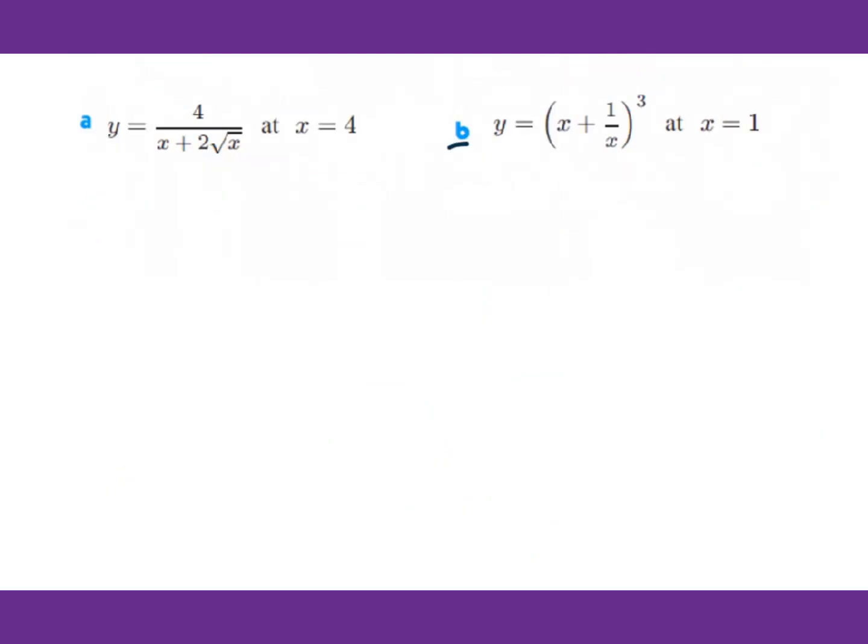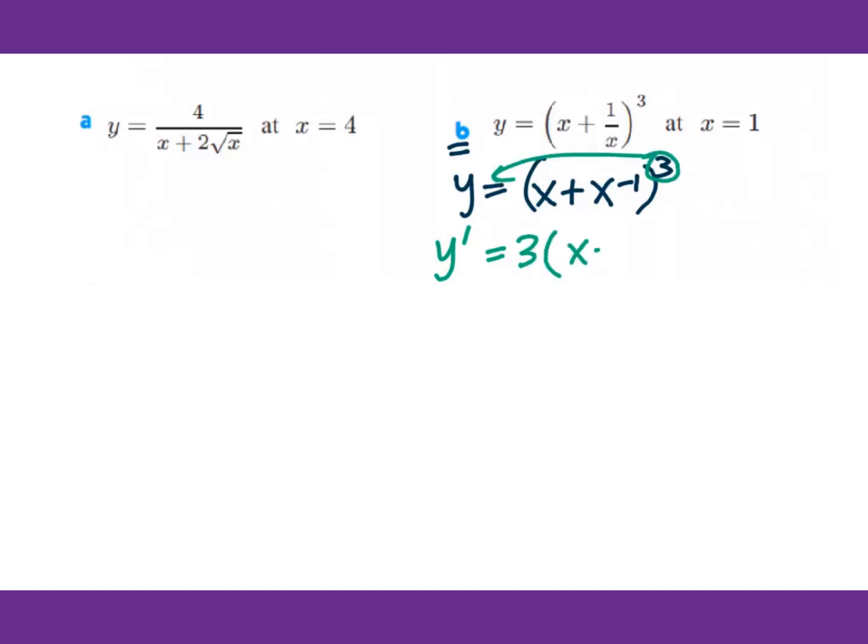Now let's go to B. First of all, we will change everything into power form, so it's easy for us to do the chain rule. The derivative for this y: the power is dropped down, so I have 3 times (x plus x to the negative first power) to the power of 3 minus 1, that's 2, times the derivative inside.